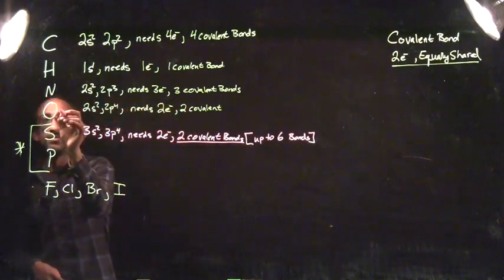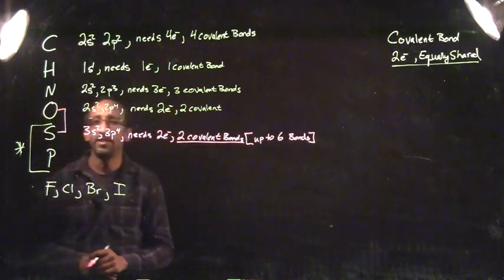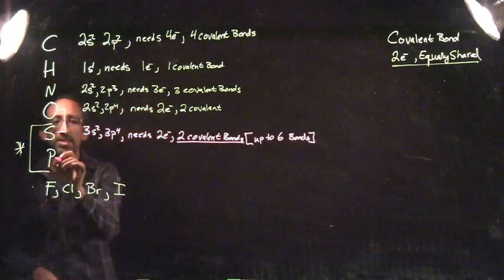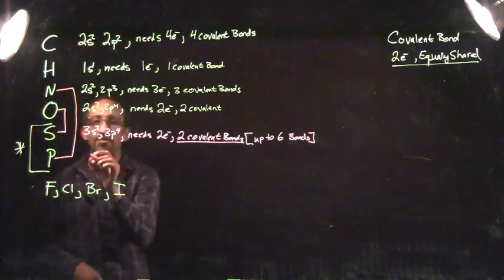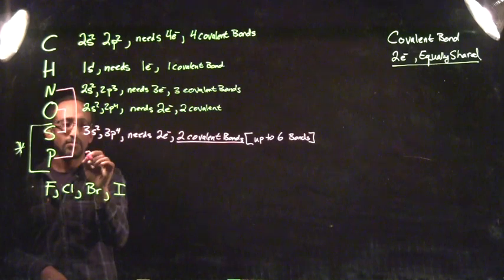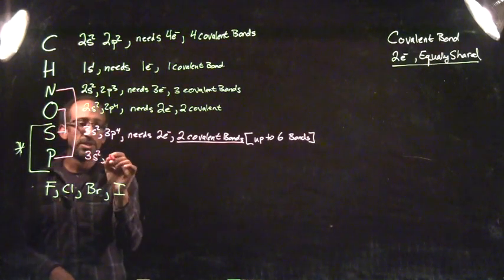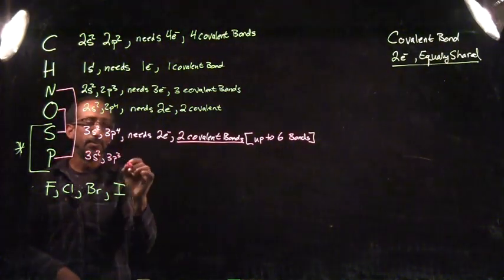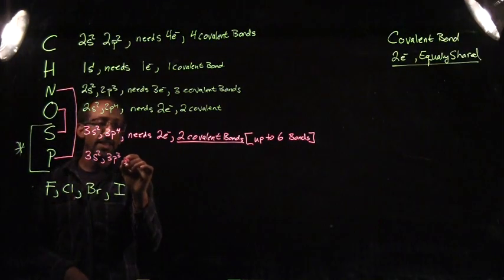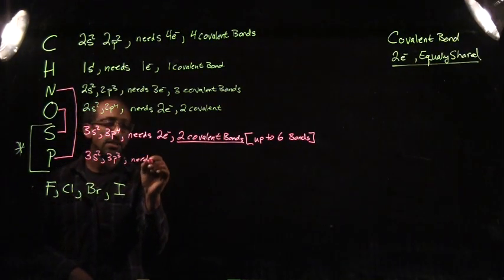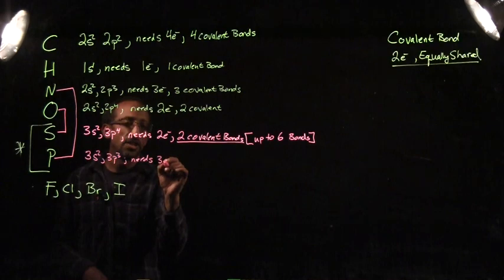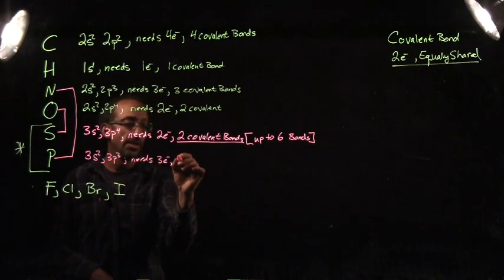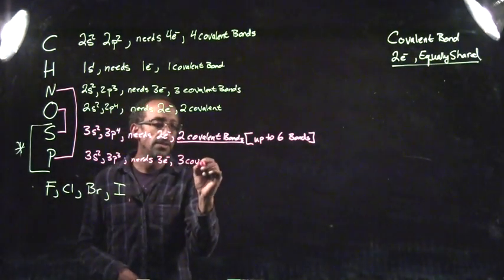Similarly, so oxygen and sulfur are related. Similarly, phosphorus and nitrogen are related, in that phosphorus's valence shell, 3s2, 3p3, would lead us to expect that it needs 3 more electrons and would form 3 covalent bonds.